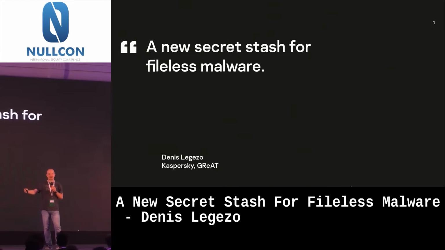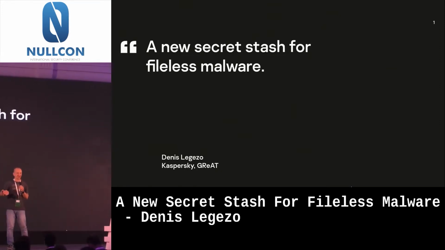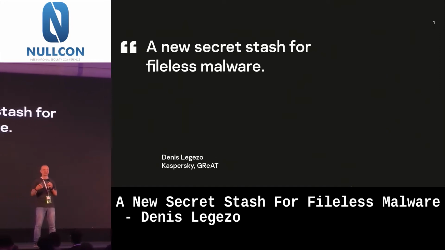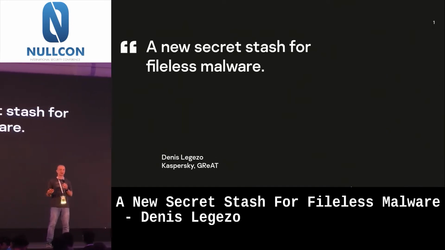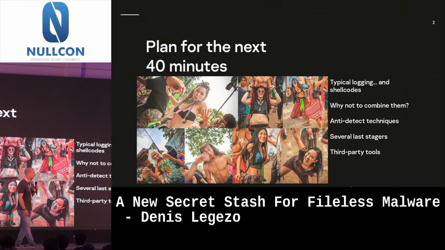So it exists on the level of a file system anyway. So it's not fileless, but it's not as plain as a file. So a security solution does not find it that easy to obtain this data. Let us take a look at a new way to hide encrypted shellcodes on a system.